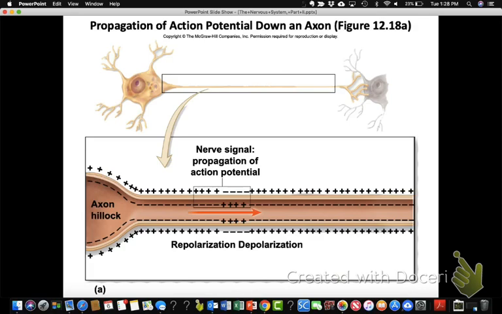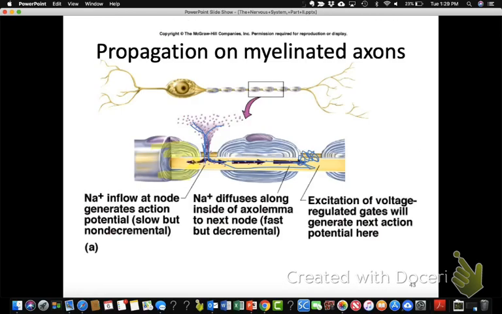And here you see the continuous conduction on an unmyelinated axon. Every part of the axon has to go through that depolarization, repolarization sequence. On myelinated axons, because the Schwann cells, or in the central nervous system, the oligodendrocytes, are segmentally covering the axon with myelin, that electrically insulates the axon, and only those bare spots called the nodes in between adjacent myelinated cells are going to be able to have ions flow.